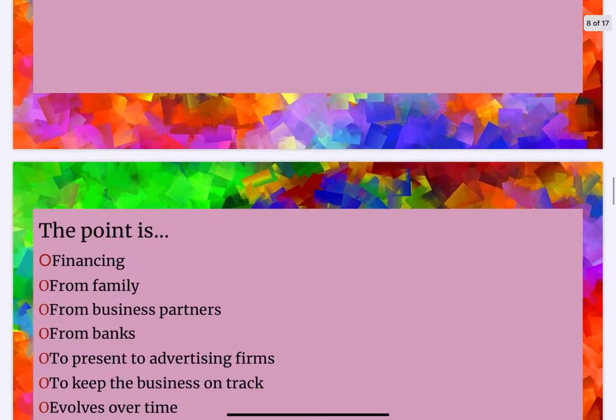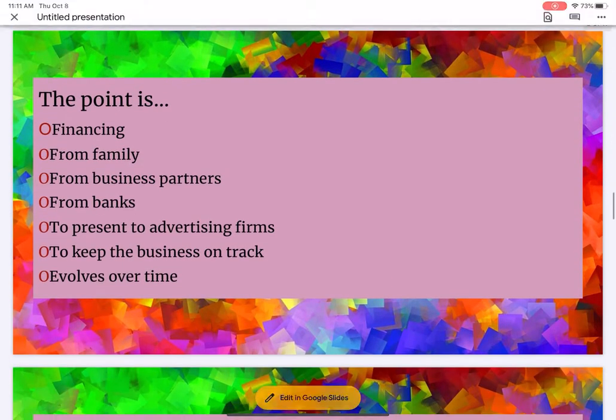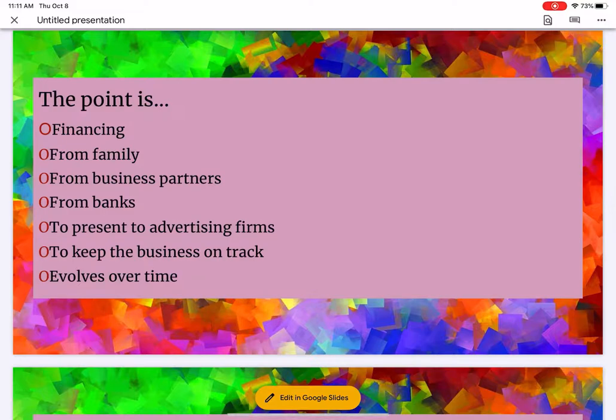So there's a couple of different reasons why you need a business plan. Financing. So if you want financing from a bank, you have to have a business plan to show them that you understand what you're getting yourself into and you have a plan for any issues that arise. Yes? Not yet. Good question. Okay, so if you would need financing from family, they might want to see it. From business partners, you have to create one together, and definitely from banks.